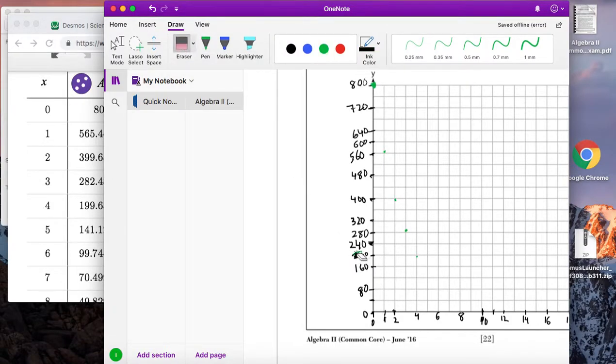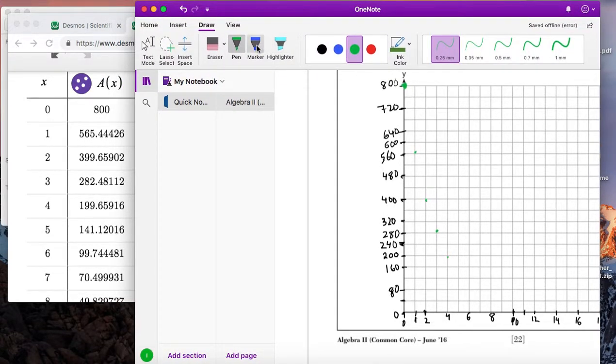I'm trying to get the eraser tool here. Okay, so we know that's 200. Let's try again. It's really hard to do this on the computer compared to with paper. But there we go. 200. It's going to drive me crazy. That's better.